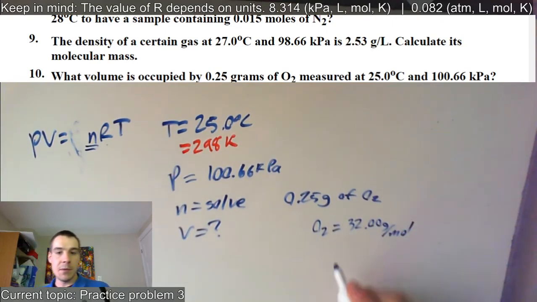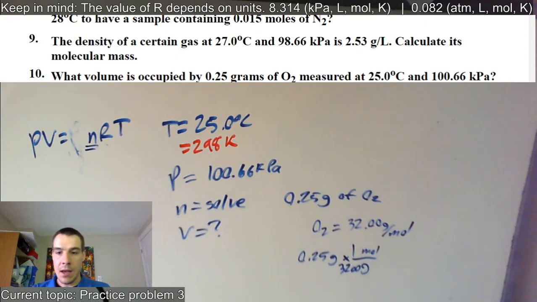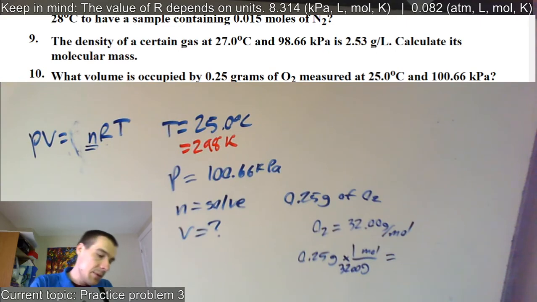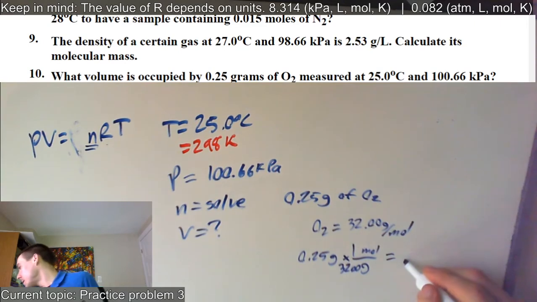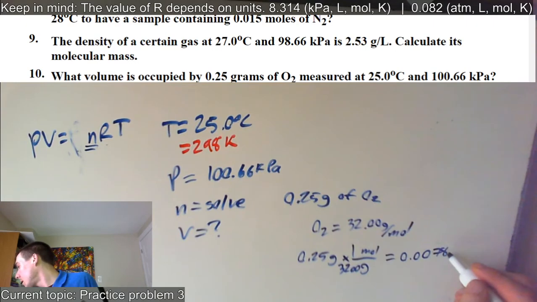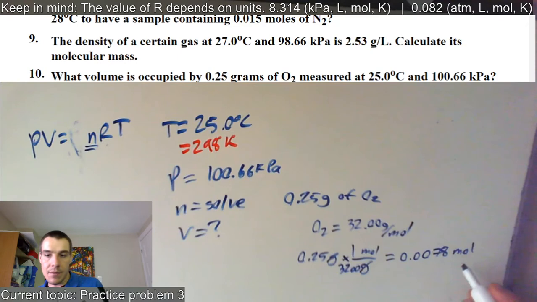We can work out how many moles we have. 0.25 grams times 1 mole per 32 grams, grams goes on the bottom, moles goes on the top, is going to be a very small number of moles. 0.25 divided by 32 is 0.0078 moles, because grams cancels grams. Moles of O2. Hey, now we have N. We just solved for N.